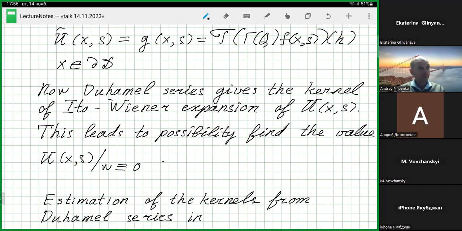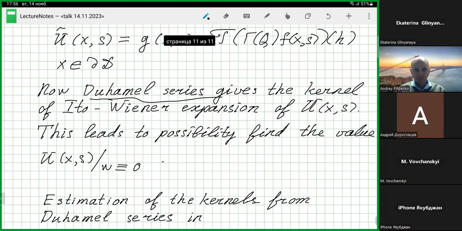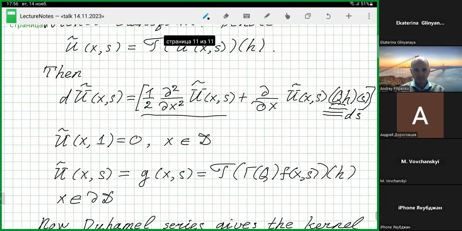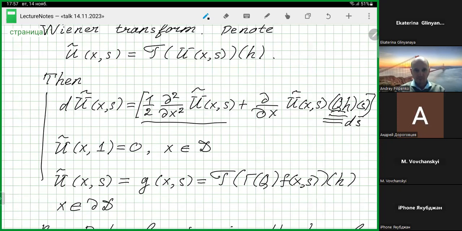These potentials are already integrals of exponents, and in order to get the Duhamel series, you have to rewrite those integrals as a series. So here is the place where we use Brownian motion theory. Maybe it can be said that it is not Brownian motion, but just parabolic problem theory with a very good main part.